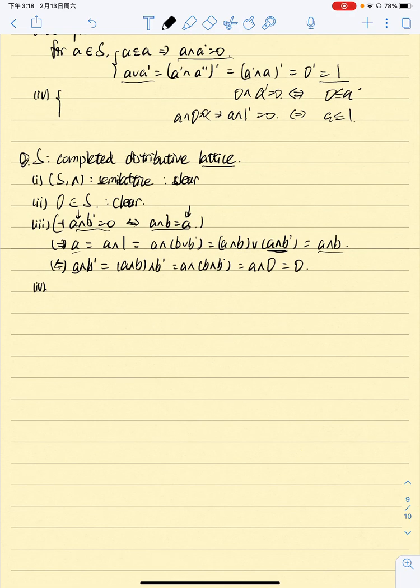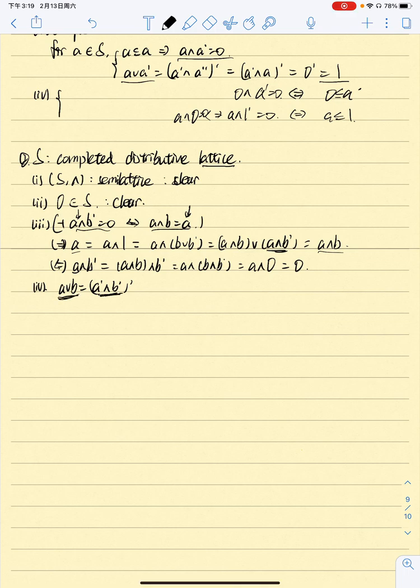The first equation is A or B equals A prime and B prime, prime. To show this, that means the complement of A prime and B prime is A or B, right?